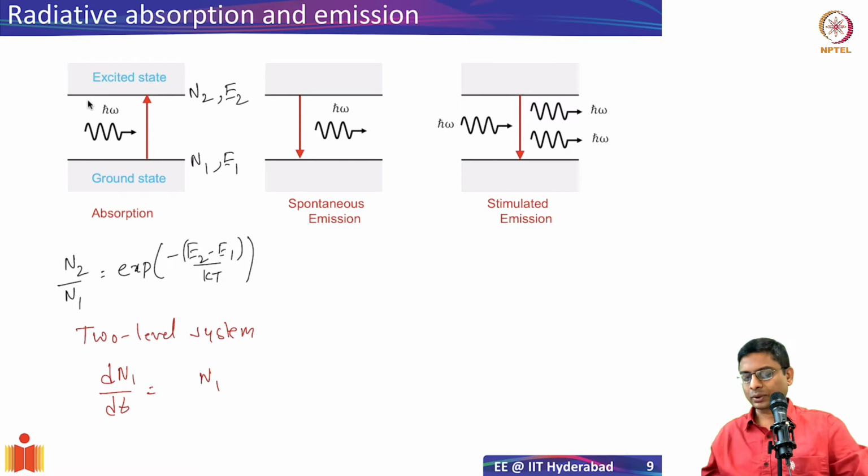So that's one thing. And then it is also going to depend on the intensity or the distribution, the radiation profile of the spectral density of the incident light. So that we will call rho, rho of nu, essentially. So that represents at each wavelength or frequency, the number of photons that are incident.